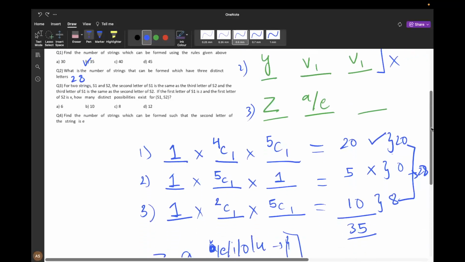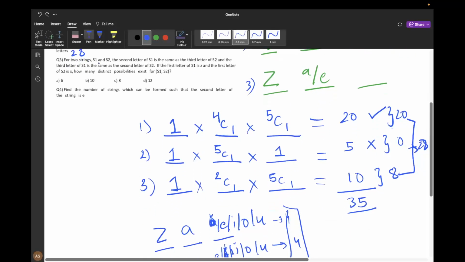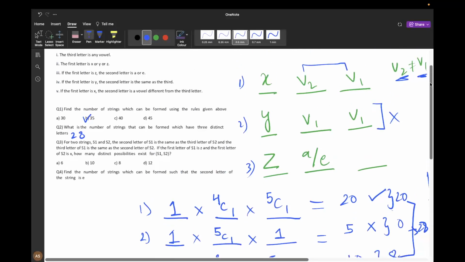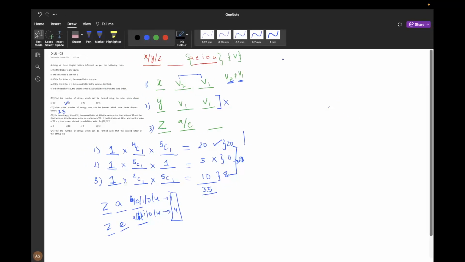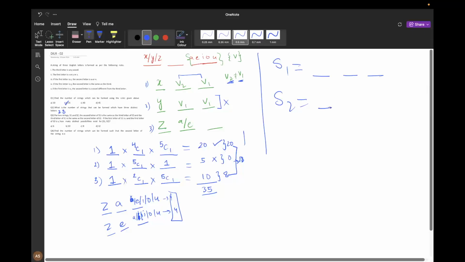Now the third question. For two strings S1 and S2, the second letter of S1 is the same as the third letter of S2, and the third letter of S1 is the same as the second letter of S2. Okay, let's stop here. So let's assume S1 and S2, positions 1, 2 and 3, 1, 2 and 3, right?